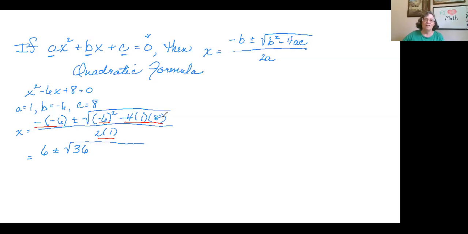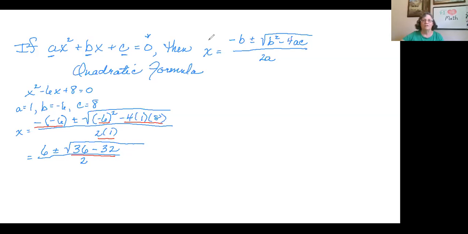If they were both negative, so there are 3 negatives, it'll stay negative. Or of course, if these are both positive, it stays negative. So this is going to be minus 4 times 1 is 4 times 8 is 32. All over 2.